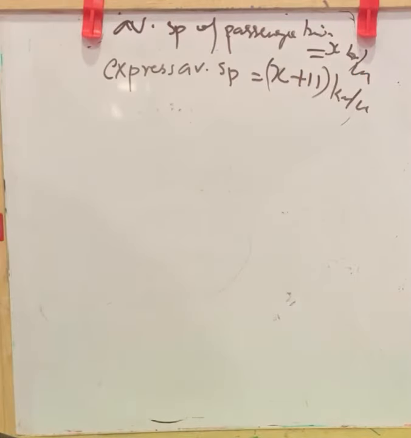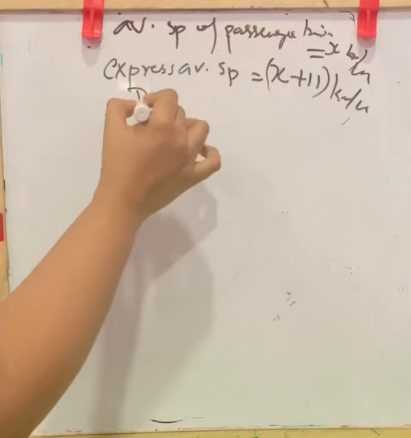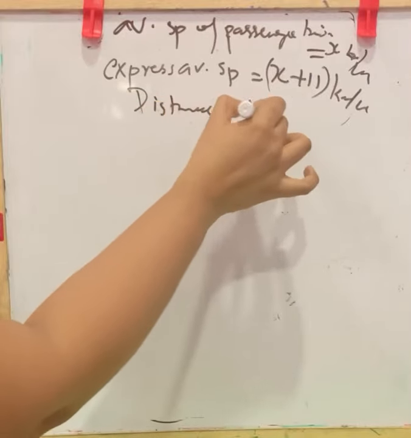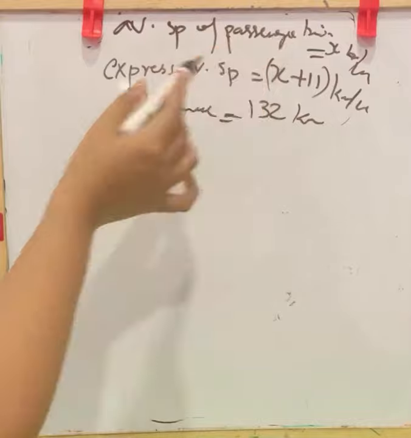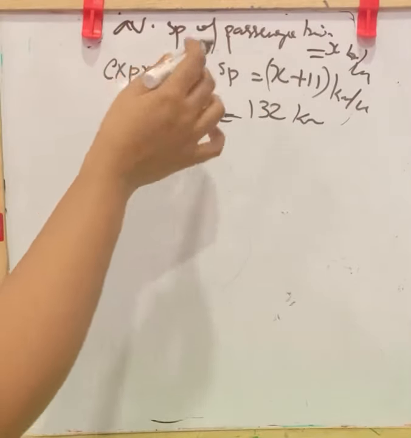It is given in the question. Also we have time taken by express train to cover 132 kilometer is 1 hour less than passenger train to cover the same distance. In the question it is given distance is 132 kilometer, and from this we can find the time of each train.